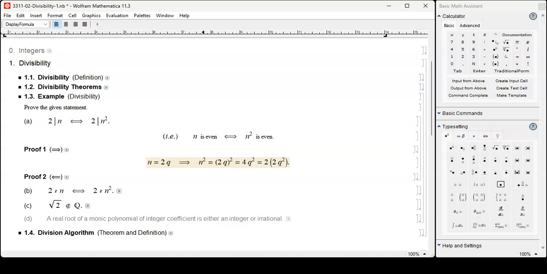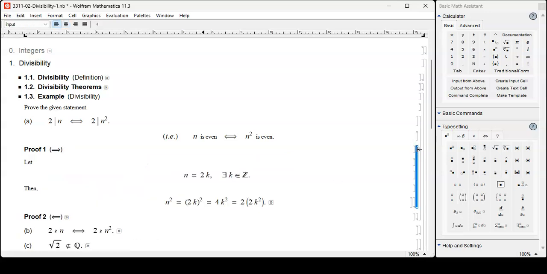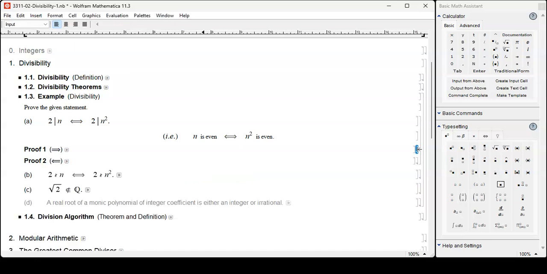And that's a proof. n squared is 2 times some integer, so n squared is even. n squared is divisible by 2. That's the whole proof, actually. And that's what I wrote here, except that I used k instead of q. That's it. That was easy.